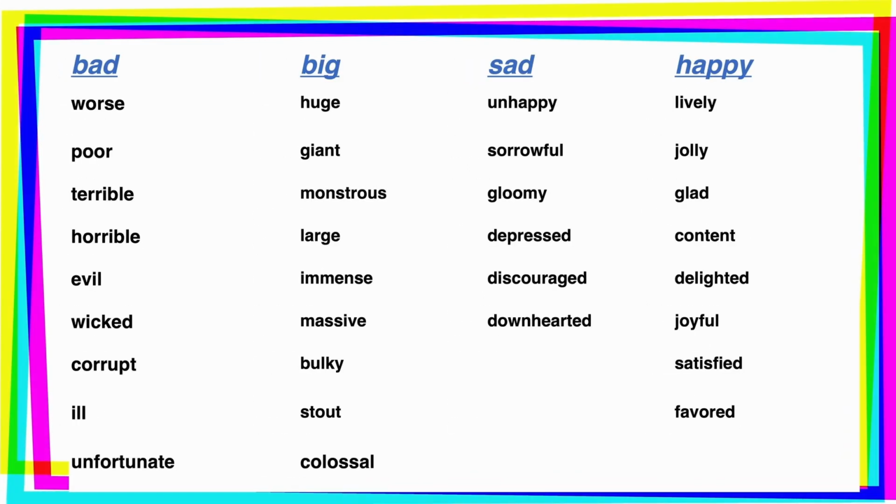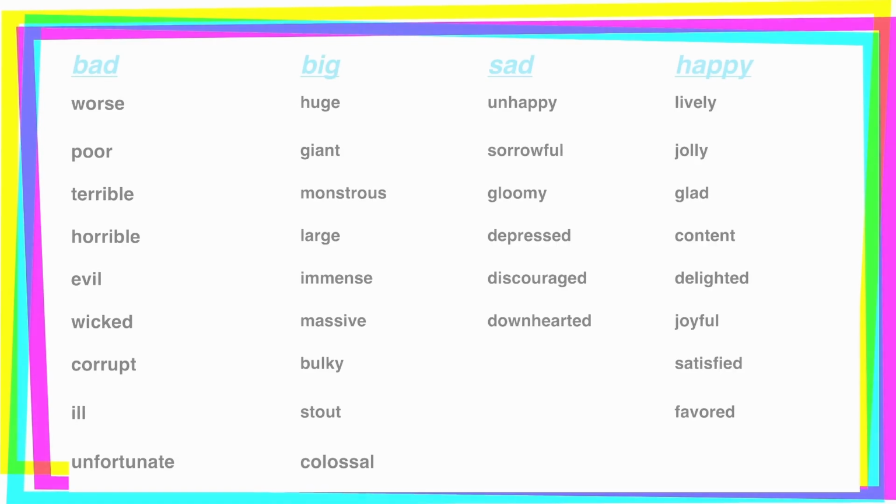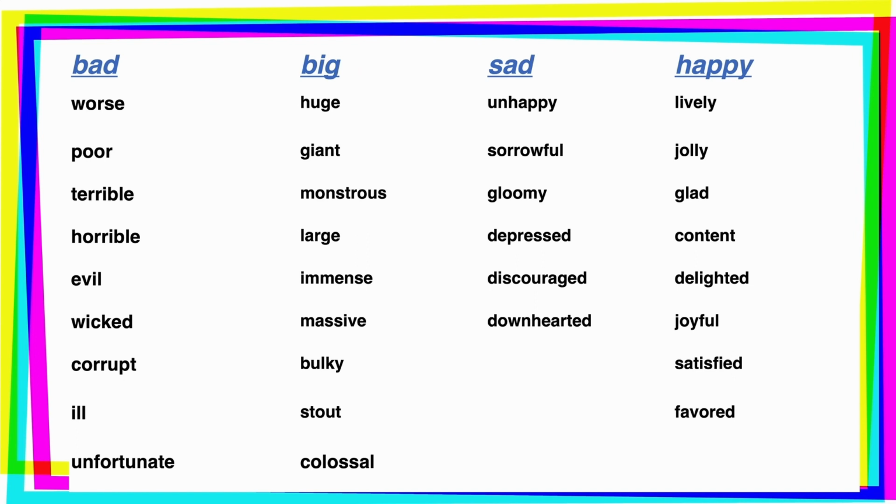Here's bad: bad, worse, poor, terrible, horrible, evil, wicked, corrupt, ill, unfortunate. What about the weak word big? I mean, we can decide how big: huge, giant, monstrous, large, immense, massive, bulky, stout, colossal.